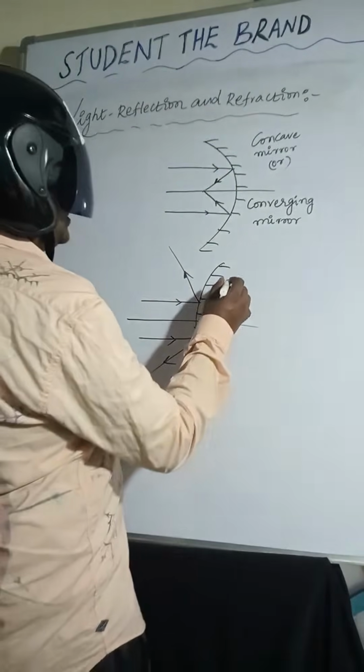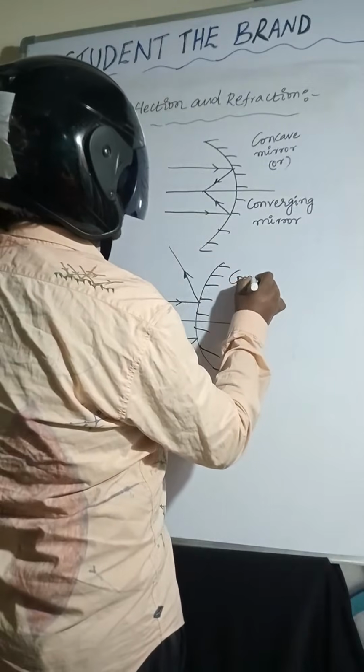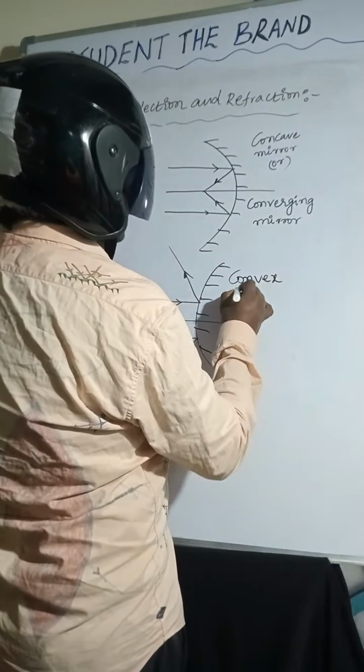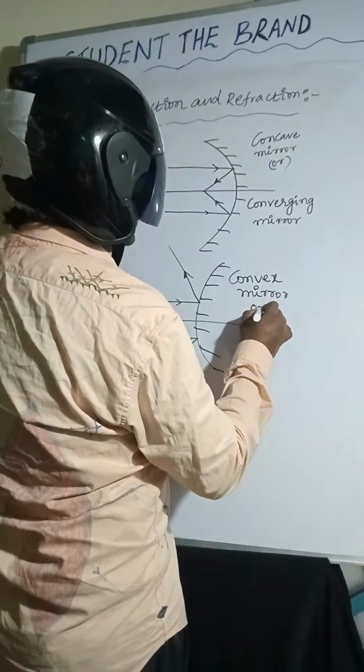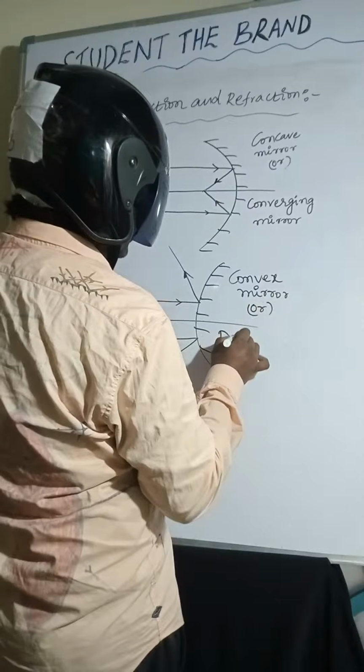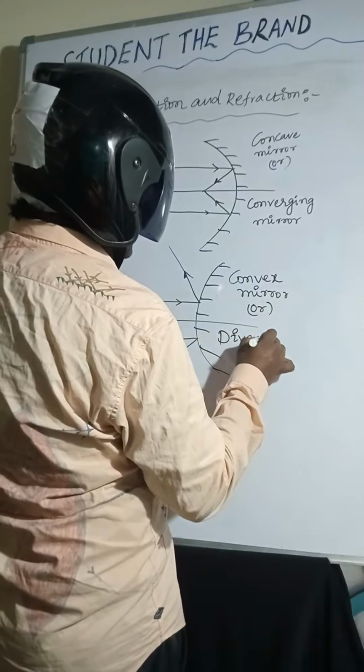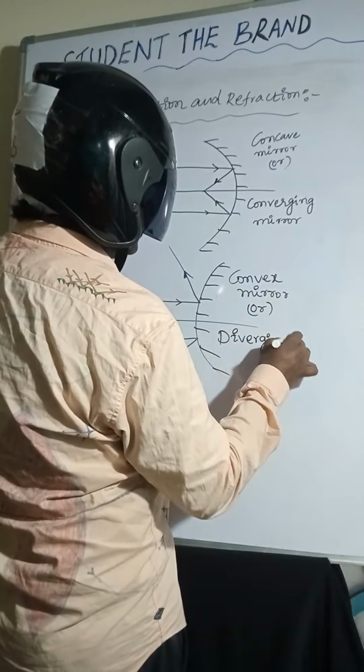So convex mirror is also known as diverging mirror.